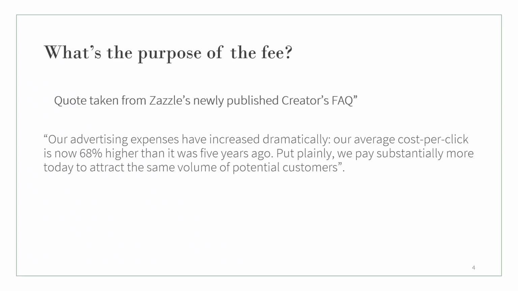So from a business standpoint, this is what I believe Zazzle is saying. They're basically saying that they can no longer afford to pay royalties the way they did in the past, while also covering full affiliate commissions on externally driven sales.